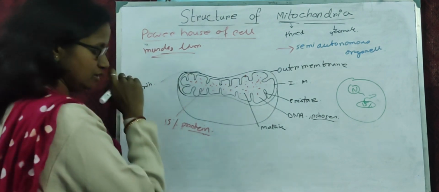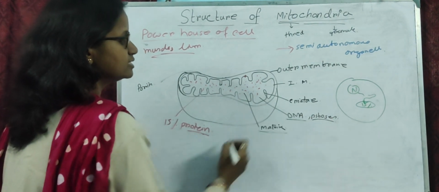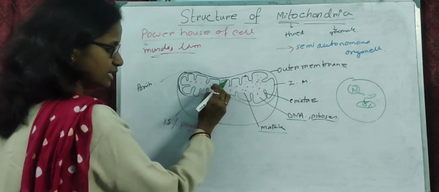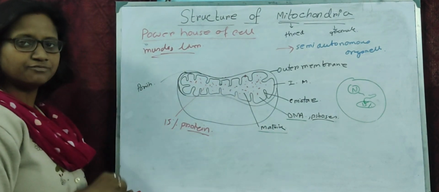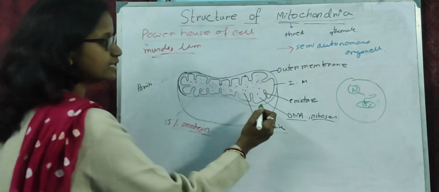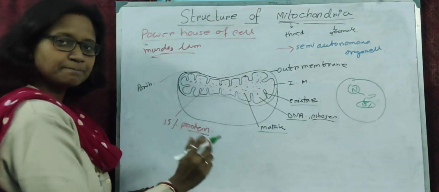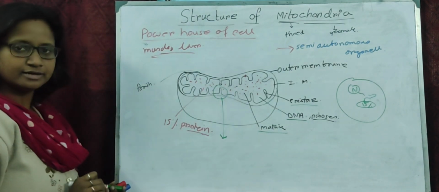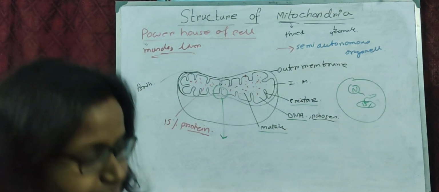Okay. So this is the matrix and these are the DNA. And the inner foldings of the inner membrane, the finger-like projections, I have already said are called the cristae. If I magnify the cristae here, how does it look?